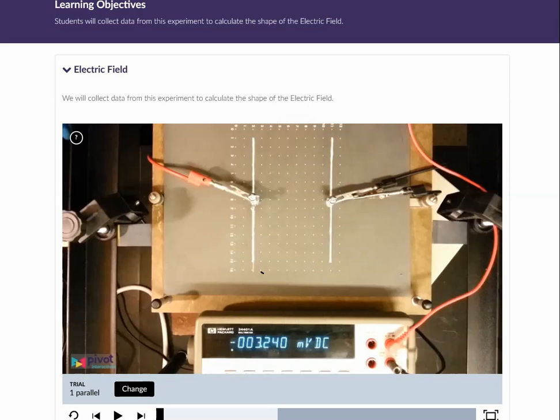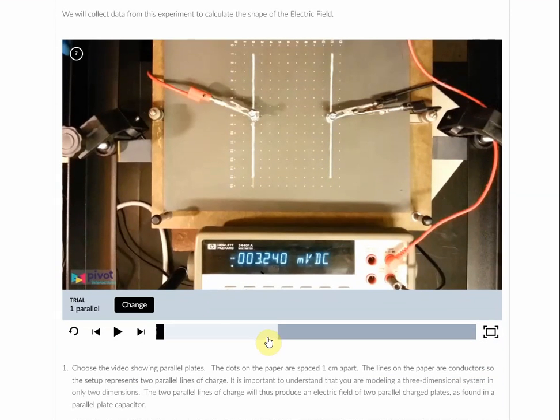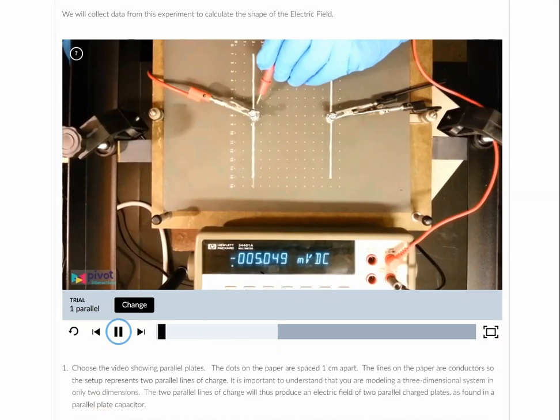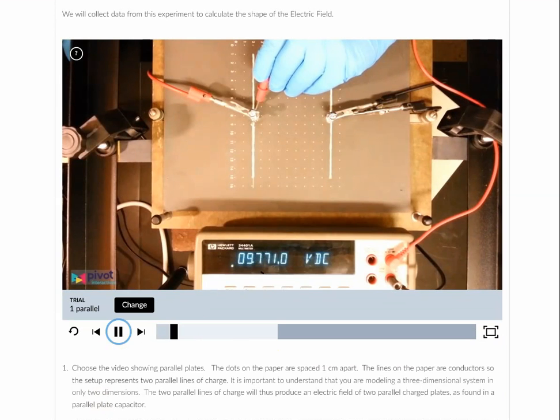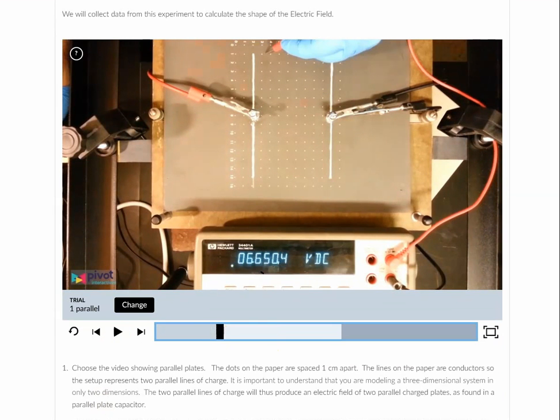For example, if we go to, let's say, 9, come on, move on. All right, I don't care.